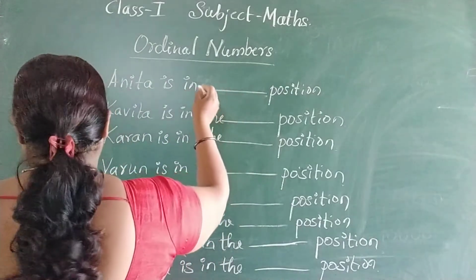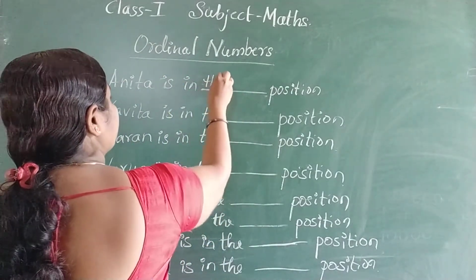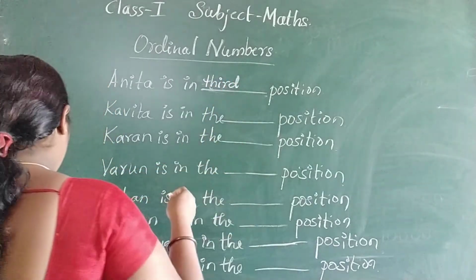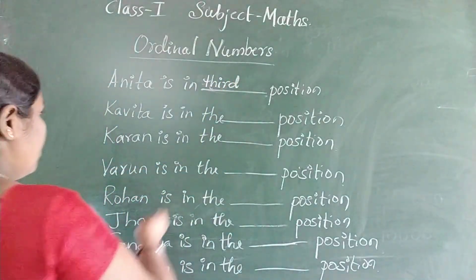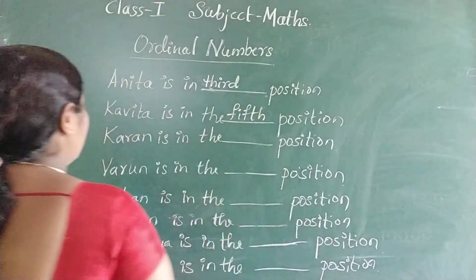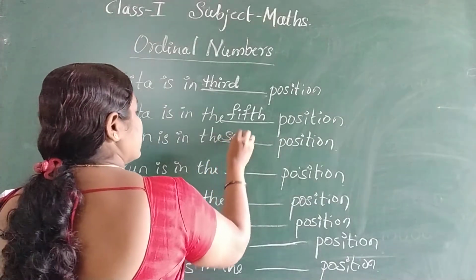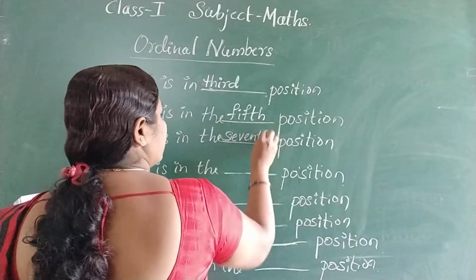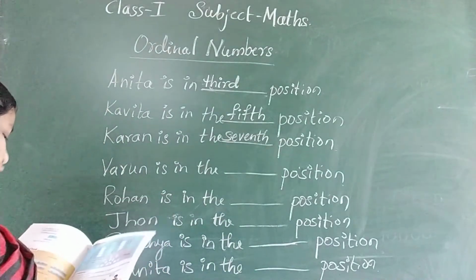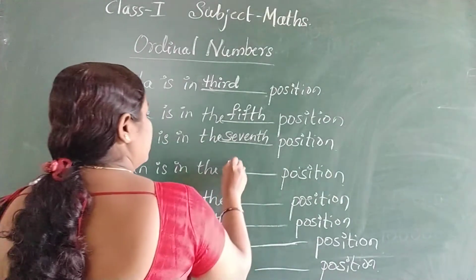So Anita is in 3rd position. Kavita is in 5th position. Karan is in 7th position. S-E-V-E-N-T-H. 7th position. Varun is in 9th.